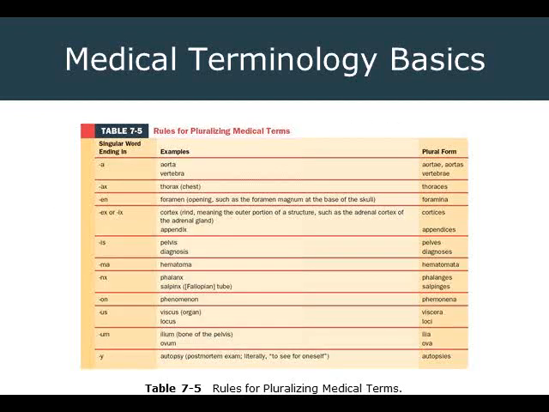So to pluralize some of the words, we may add a, ax, n, ma, on. These are a little less commonly used, but there's a few additional endings that we may see there that just slightly alter it.